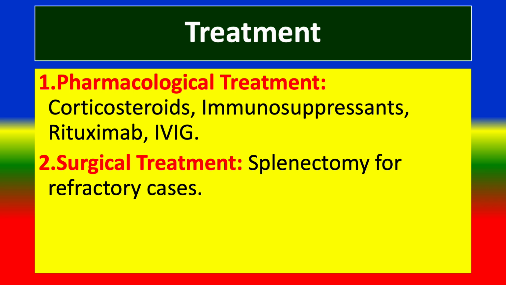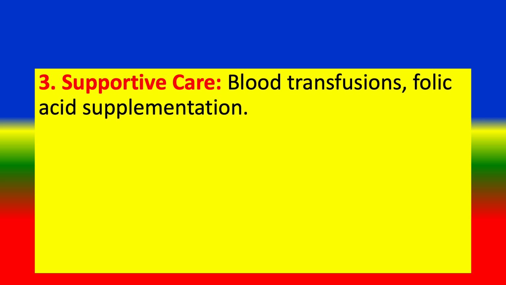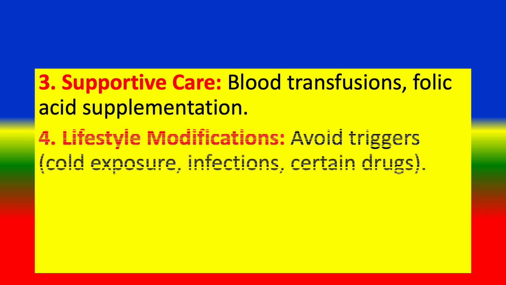Surgical treatment: splenectomy for refractory cases. 3. Supportive care: blood transfusion, folic acid supplementation. 4. Lifestyle modifications: avoid triggers, cold exposure, infections, and certain drugs.